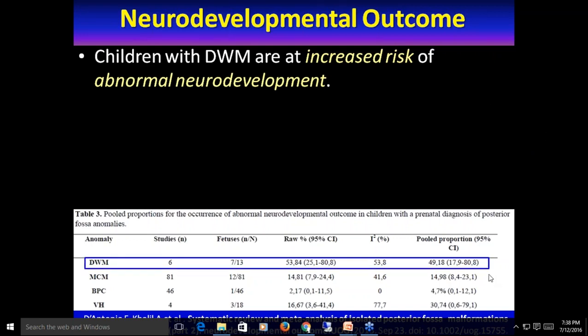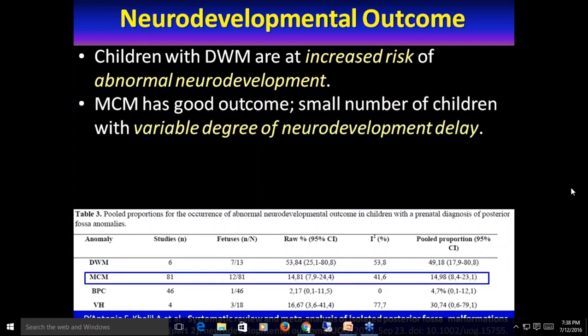As we can see here in this systematic review, the percent of children with neurodevelopmental abnormality and Dandy-Walker was 49%. Megacisterna magna has a good outcome and small number of children with variable degree of neurodevelopmental delay.